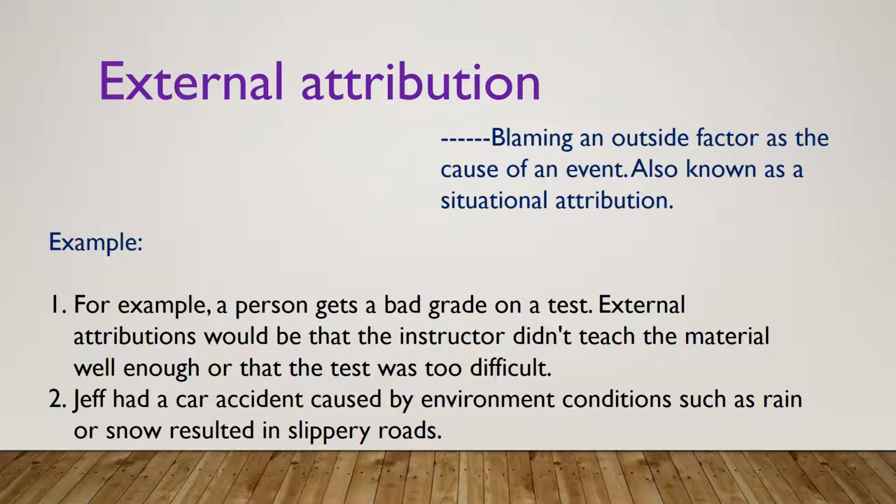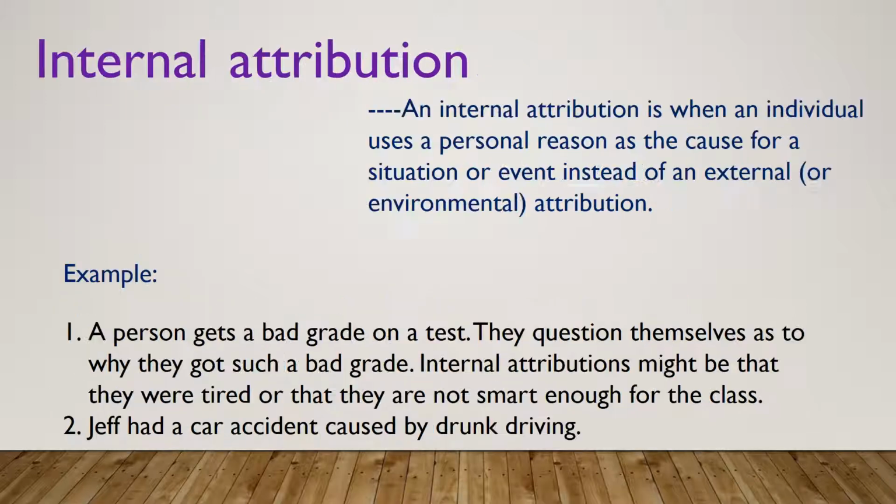For example, a person gets a bad grade on a test. External attribution would be that the instructor didn't teach the material well enough. Internal attribution might be that the student is tired or that they are not smart enough for the class. Also, there is another example you can look at.